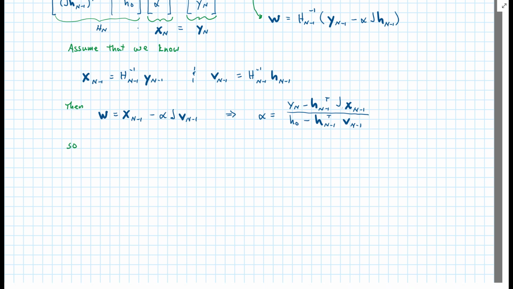So given the solutions to both of those smaller problems, like we did last time. Last time we just needed the solution to one smaller problem. Now we have the solution to two smaller problems. We can compute the solution to the next size up.